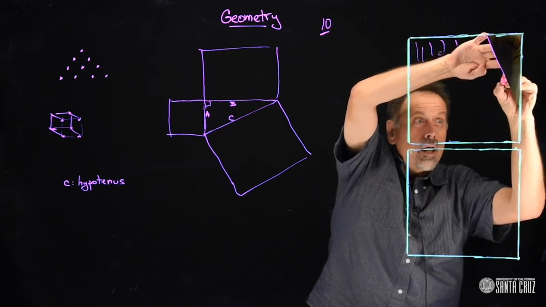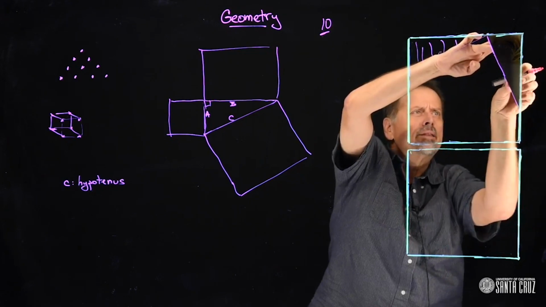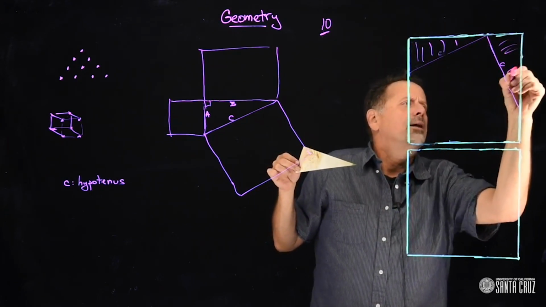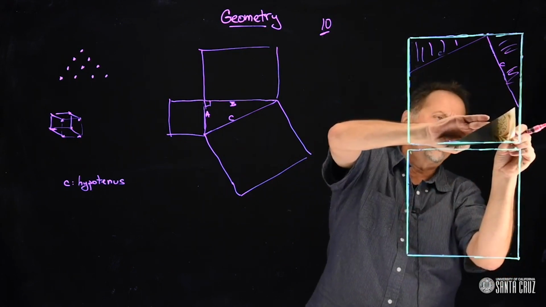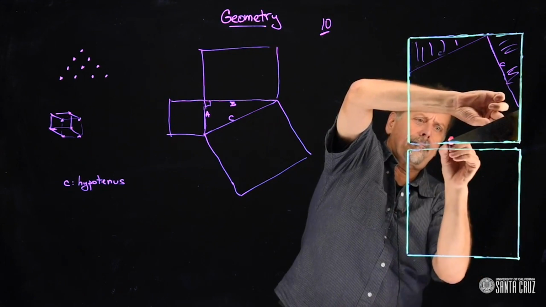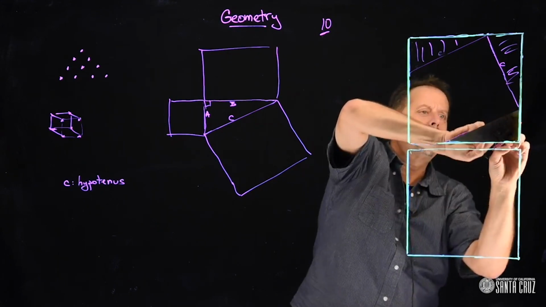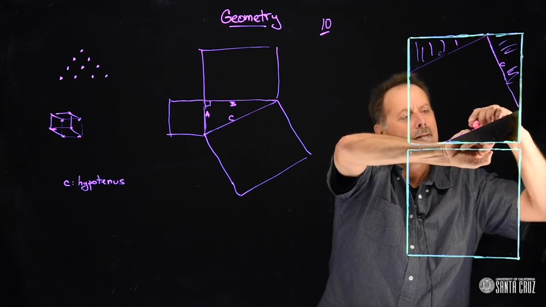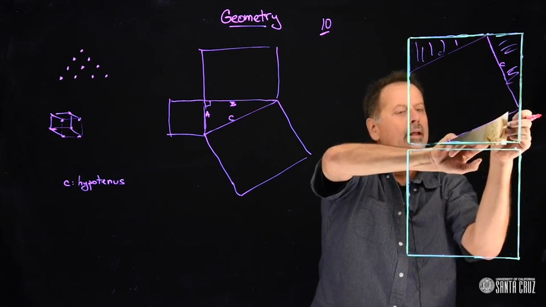Not as tidy as I would like it to be. There's another one right there. Again, side C, all the hypotenuses here. And I'll do it again down here. And again over here.